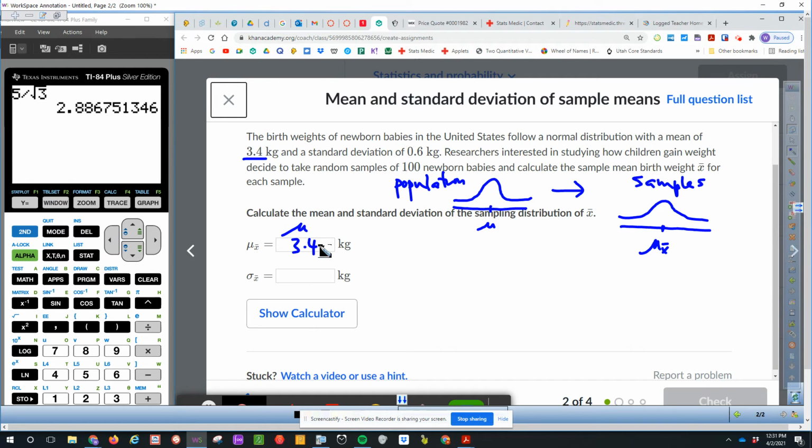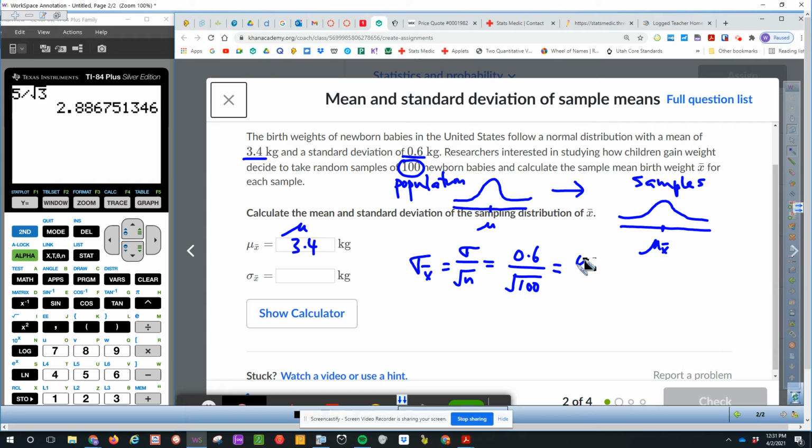Okay, what is the standard deviation of this normal distribution? From the population, you have the standard deviation of the population divided by square root of n. In this case, what is the standard deviation of the population? They tell you it's 0.6, divided by the square root of the sample size, 100.